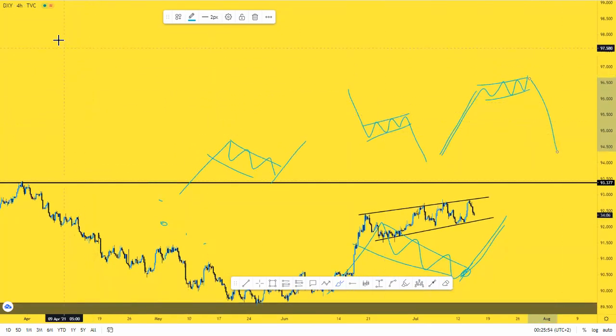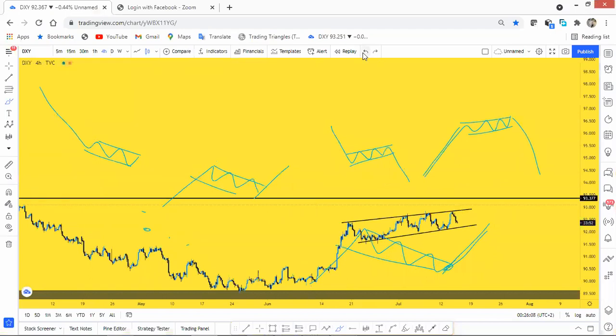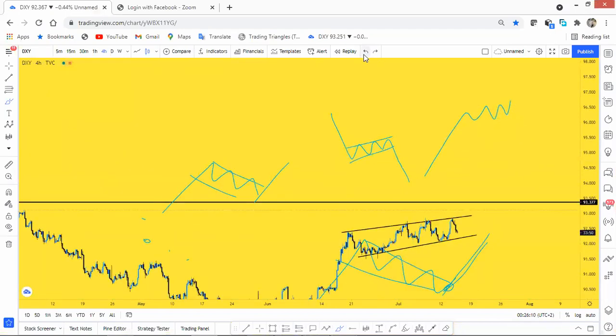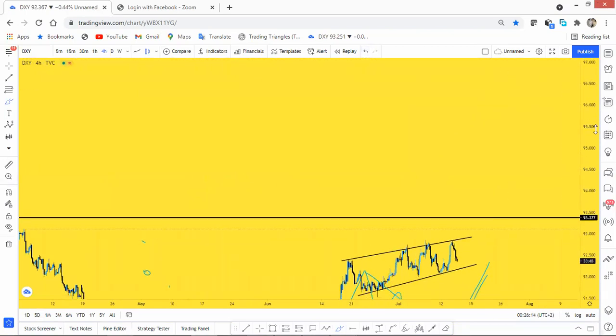So if an impulse moves to the downside, and the correction is in the same direction of the impulse move, chances are the impulse move will be in the opposite direction. So these are the patterns that we utilize within the strategy.